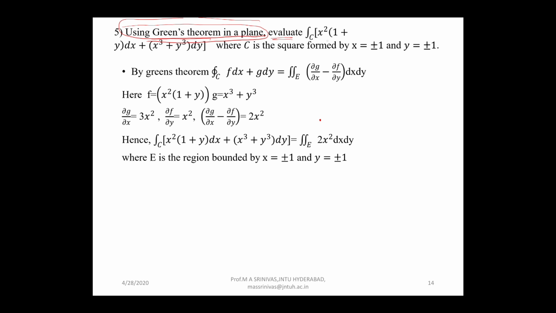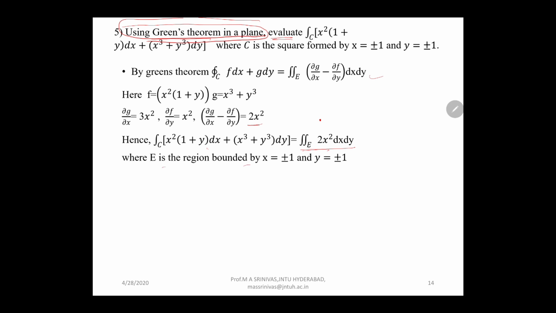So by Green's theorem, we know this one. He has given the dx coefficient as x square into 1 plus y. So dou g by dou x is this, dou f by dou y is this. If I find the difference between these two, this is what I get. Hence Green's theorem says this line integral value is simply equal to this double integral value. Where what is this E?